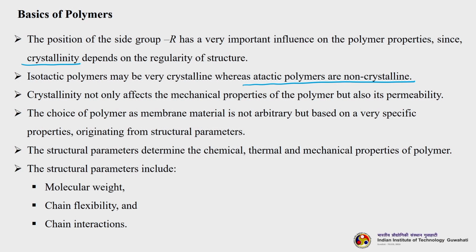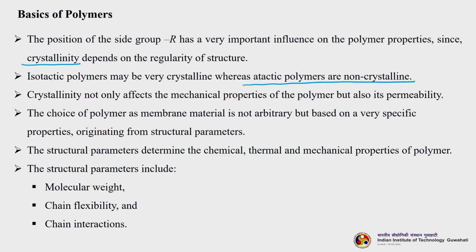First is what material you are going to separate, the solute or the solvent, and what type of membrane material you will decide, so that there will be more interaction between the membrane and the solute or solvent that is going to be separated, and how the properties of the membrane will affect the separation. That is why we are trying to understand the properties of the different polymeric materials, and in the next class we will understand the properties of the ceramic materials.